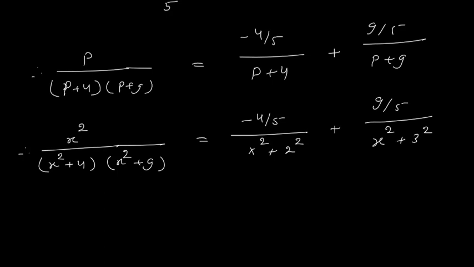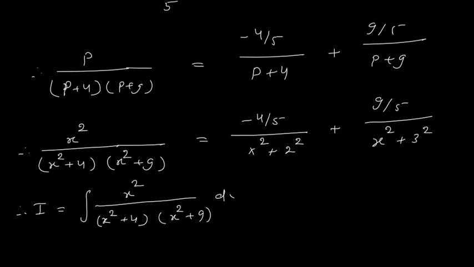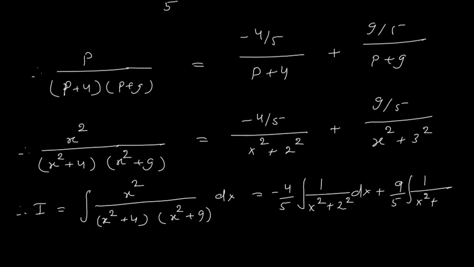So your integration I, which is the integration of x square divided by x square plus 4 into x square plus 9 dx, will be equal to minus 4 upon 5 times the integration of 1 upon x square plus 2 square dx, plus 9 upon 5 times the integration of 1 upon x square plus 3 square dx.